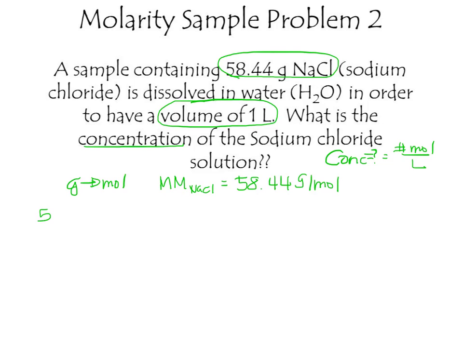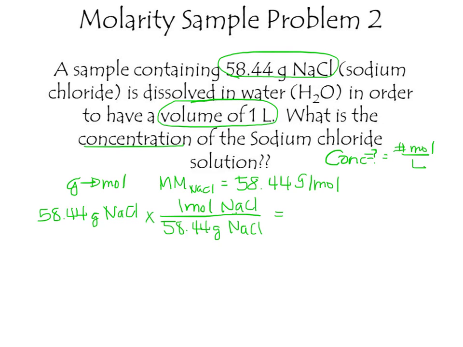Now, 58.44 grams of sodium chloride, and you're going to multiply that by the molar mass. And when you calculate this, you should end up with 1.000 moles. Now that we know the number of moles, and we know the volume, we can go ahead and calculate concentration.